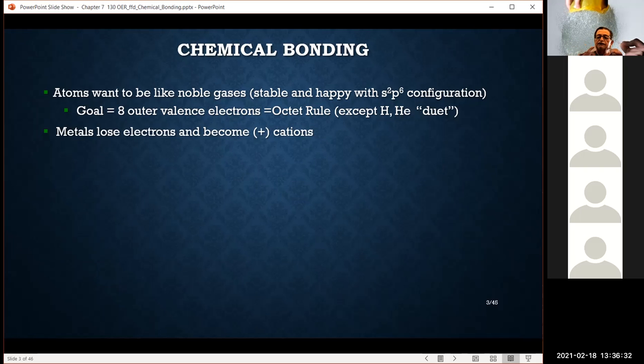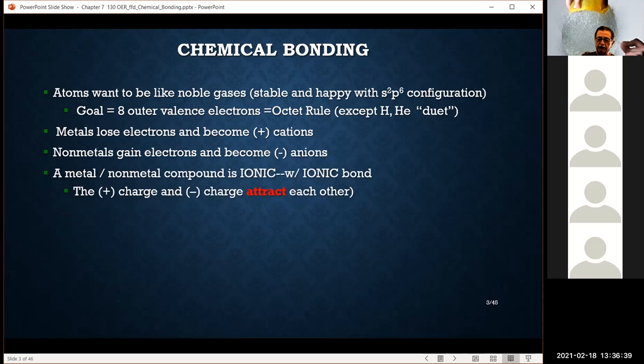Remember, metals lose electrons and become cations, and nonmetals gain electrons and become anions. Now, the first type of bond is called an ionic bond, and that is due to a combination of a metal and a non-metal.